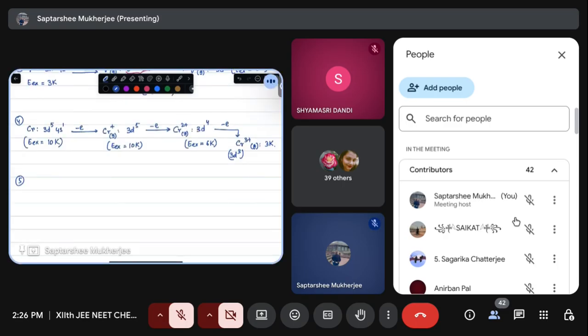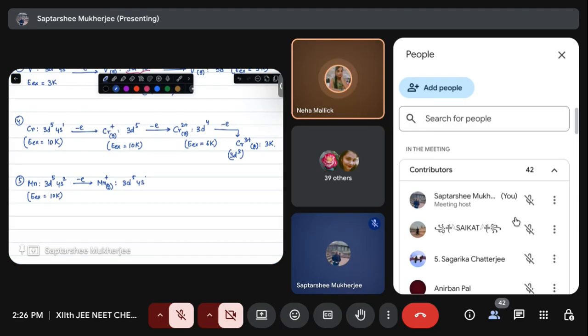Let us try to repeat the same thing with manganese. Manganese is supposed to be of what configuration? 3d5 4s2. What is the exchange energy then? 10K. If I remove an electron, what is the electronic configuration? 3d5 4s1.